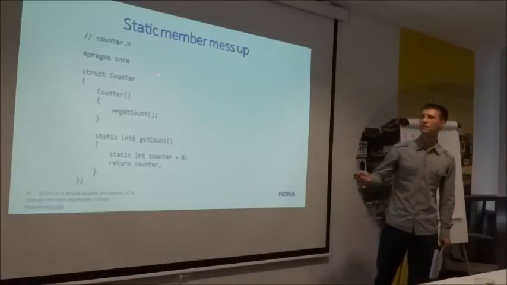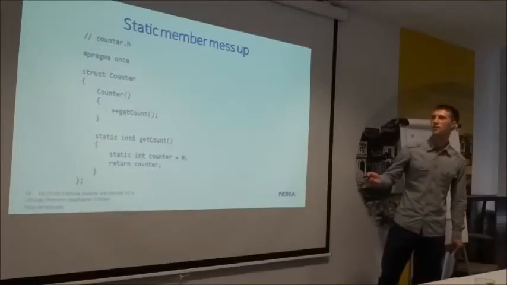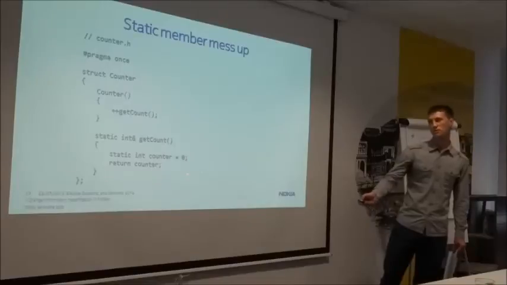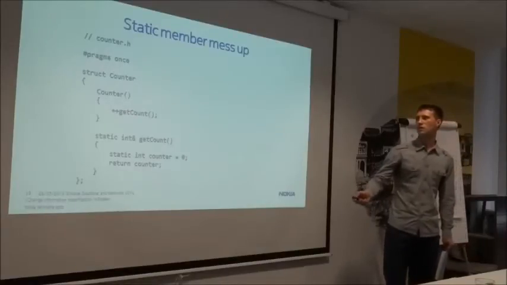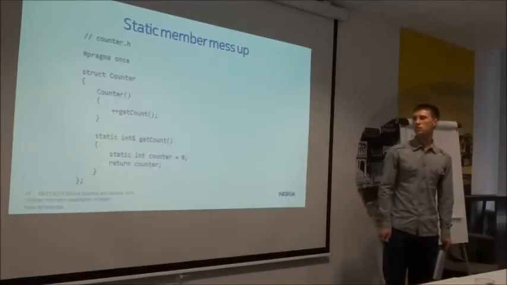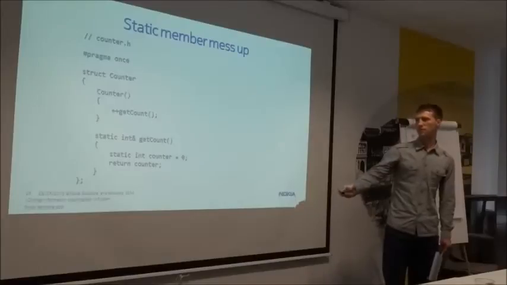We have counter.h, a simple struct or class, let me call it class, which just counts its own instances. We have a static method and a static variable, and we just keep increasing it, right?